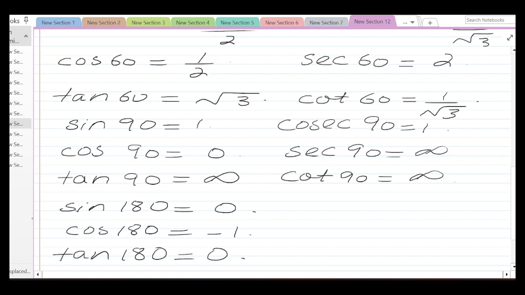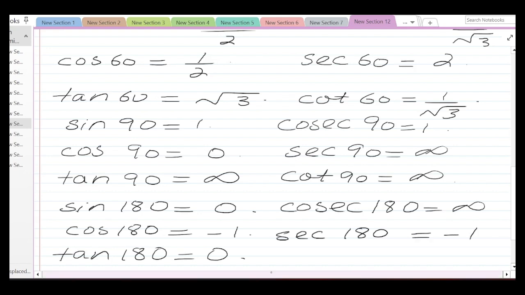And then we will find their reciprocals. So cosec 180 is equal to undefined. And then what is the sec? So sec of 180 is equal to negative 1. And then instead of tan we will write cot 180, and that is again undefined.